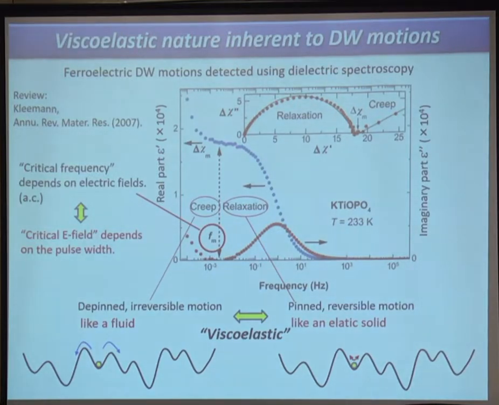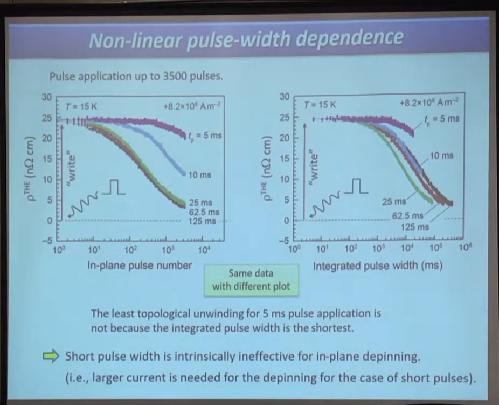So how is the case of Skyrmion strings? To address this issue, we have investigated the pulse width dependence. Here, the main pulse number was fixed and we measured topological unwinding. As you see, for the non-pulse application, topological unwinding occurs very pronouncedly. But in the case of short pulse width application, topological unwinding is much less pronounced.